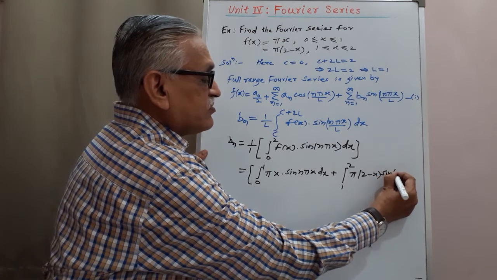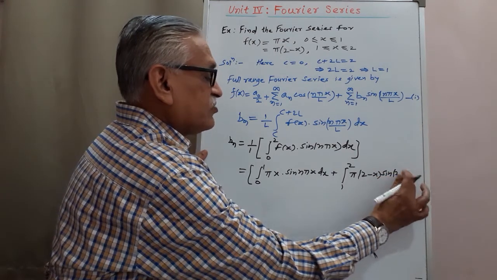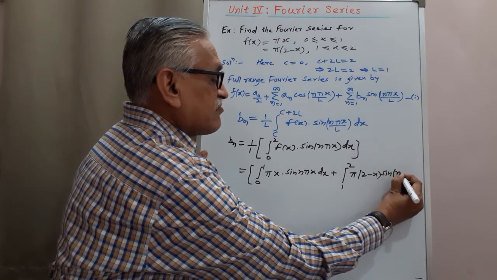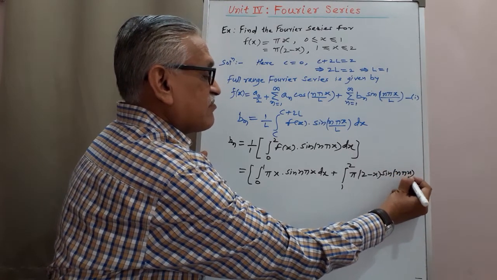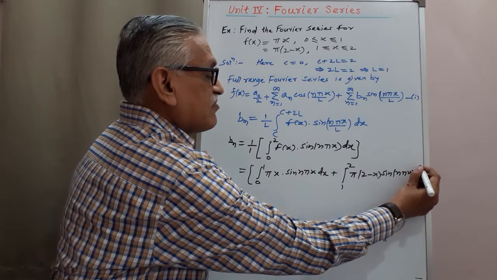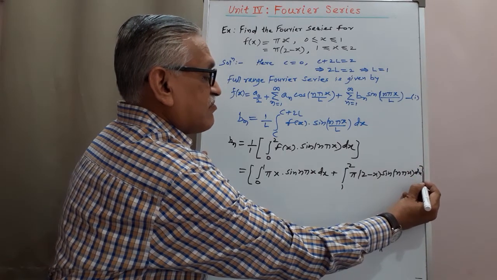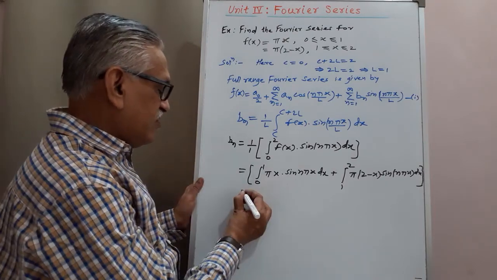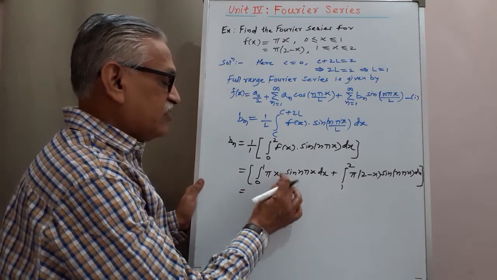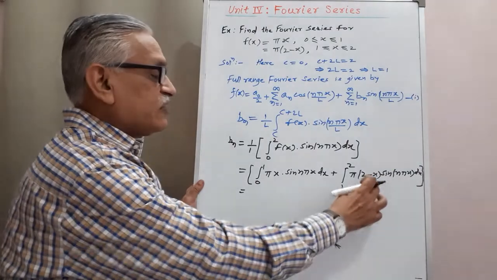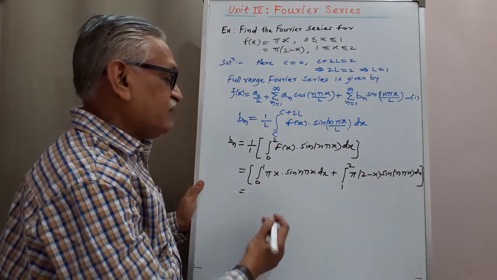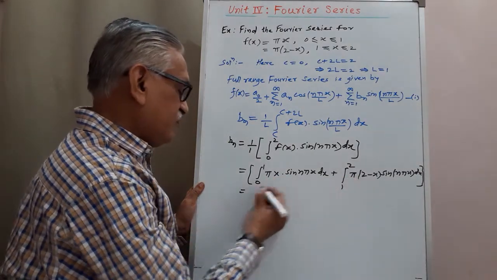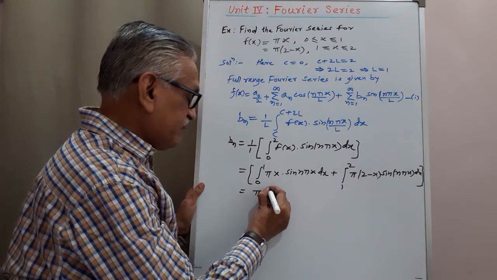sine of n pi x. Then once again here also we call the first integral I1 and the second as I2, by taking pi common.